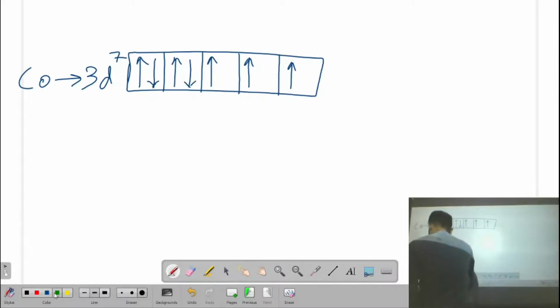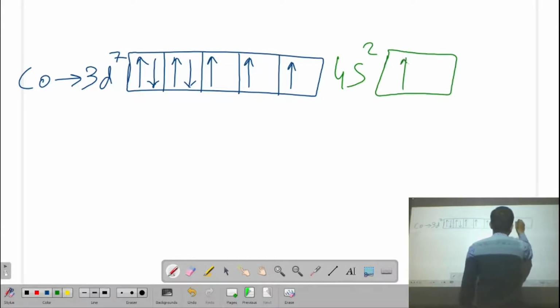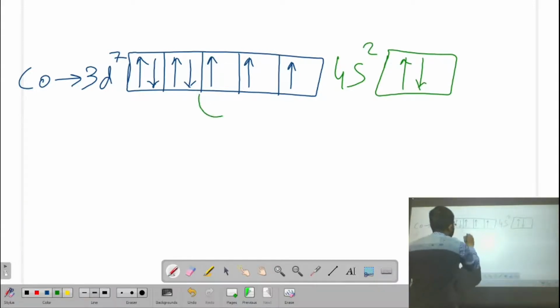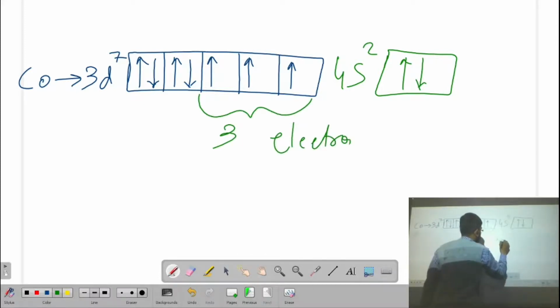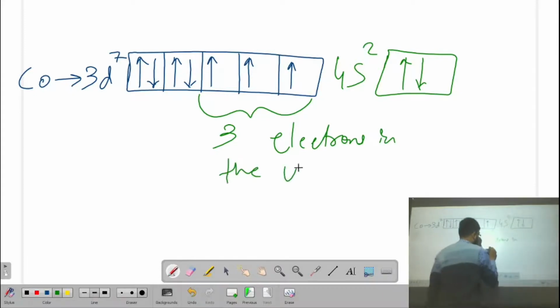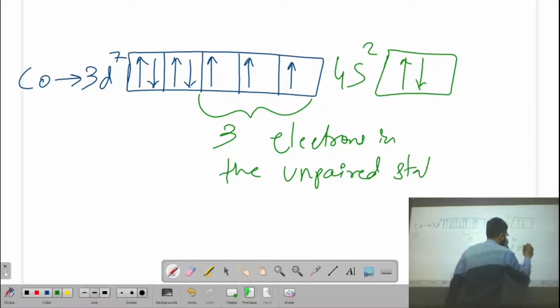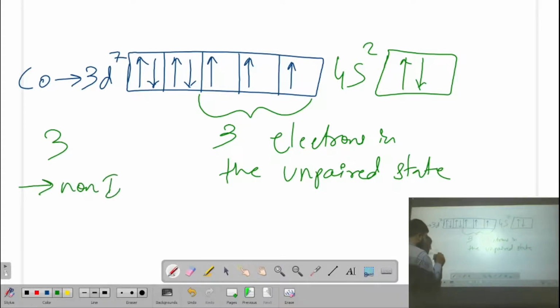In the same way 4s2 will be completely filled. So we have 3 electrons in the unpaired state, which is going to give rise to the atomic moments, right? The integral value is 3 and the non-integral value is 1.70.